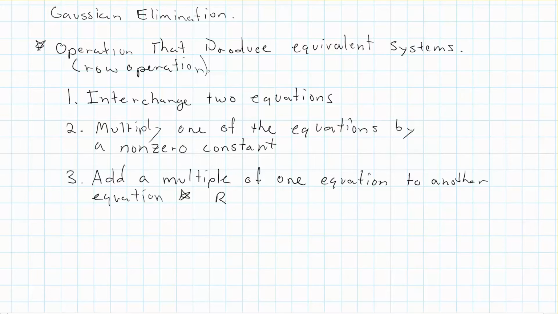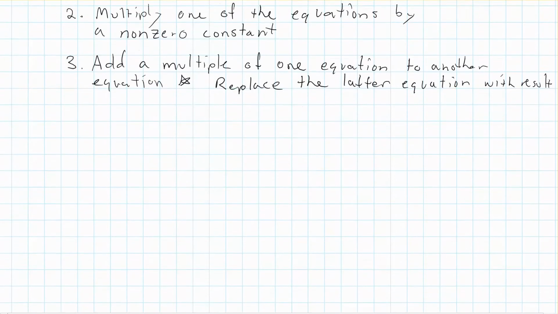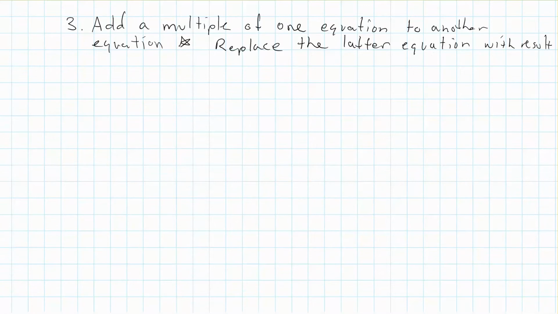We replace the latter equation, meaning the second one, with the result. Now we can do these to move things into echelon form, row echelon form. So let's look at a simple example here where it's just a system of 2 equations and 2 unknowns, just to start getting an idea of it here.